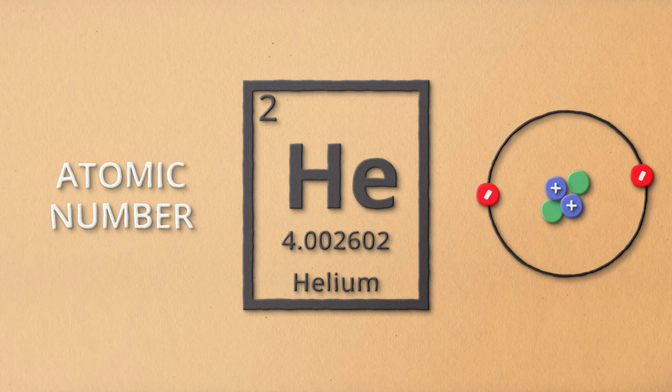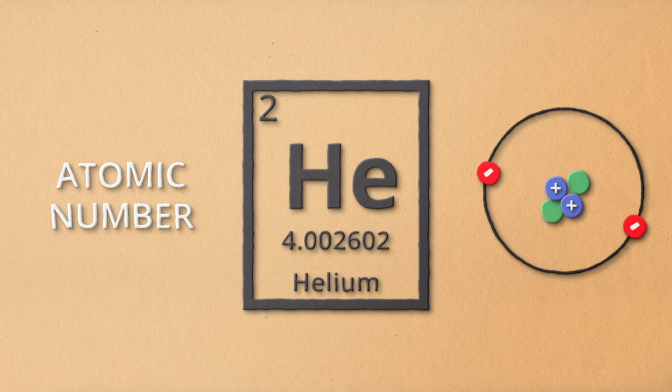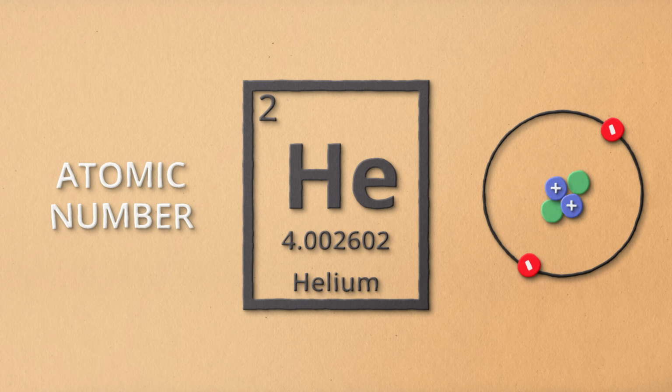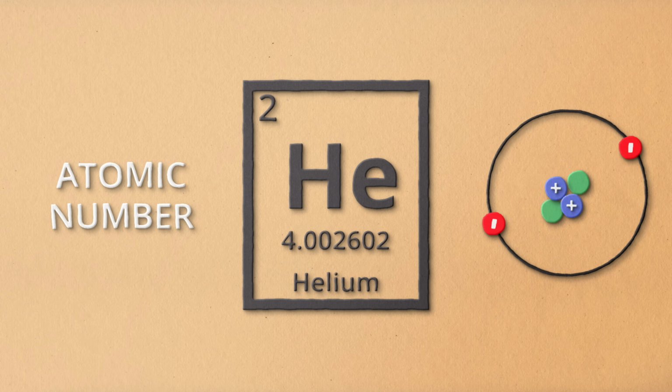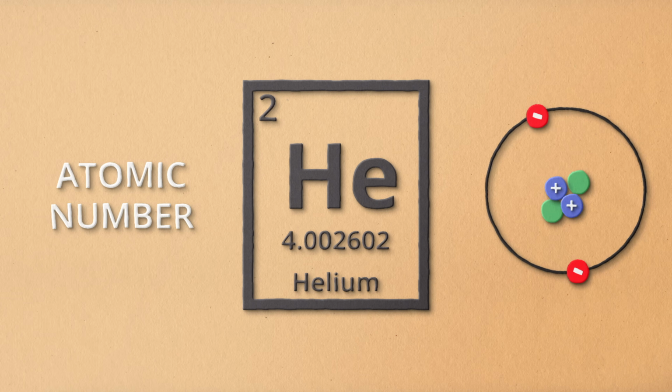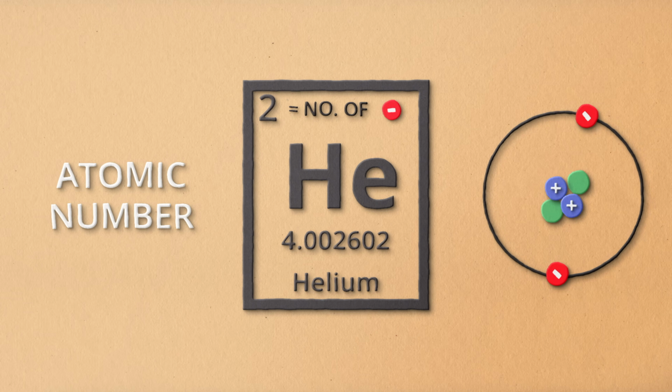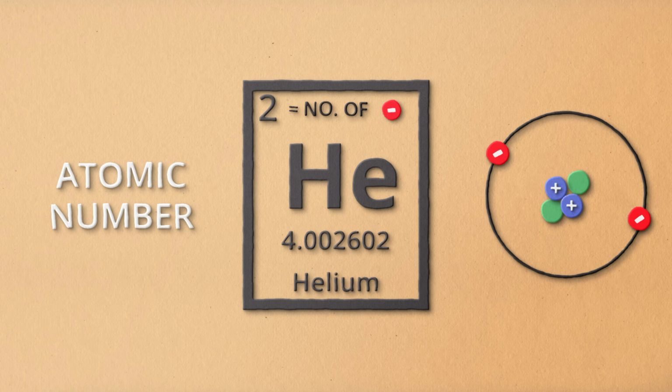Remember that atoms are normally neutral, which means that they don't have a positive or negative charge. So the number of electrons in one atom of an element is also equal to the atomic number. The positively charged protons are offset by the negatively charged electrons 1 for 1.